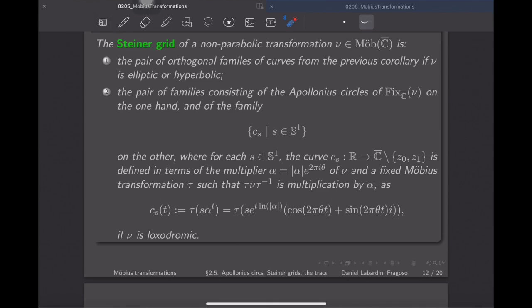These loxodromes certainly depend on the multiplier, hence certainly depend on the given loxodromic Möbius transformation. Each of them is stable under the action, and the family of Apollonius circles is permuted. If you consider also the family of common circles, that's also permuted. So here I could have taken the other family, right? But it seems to me that the Apollonius circles sometimes are more interesting.